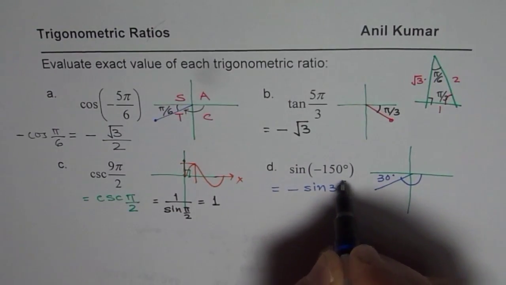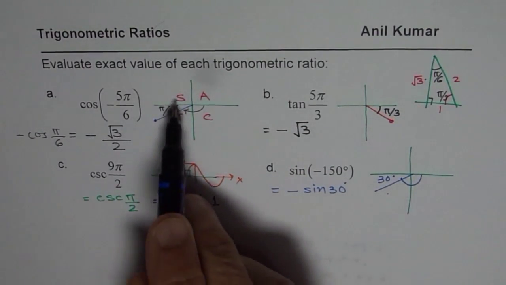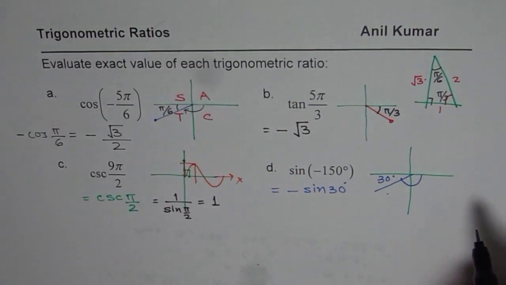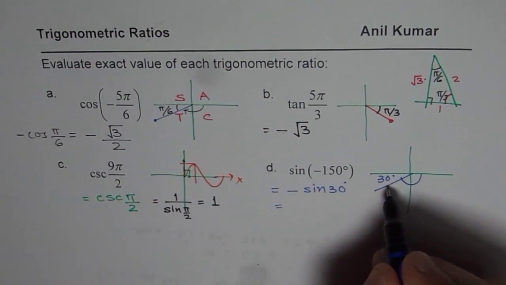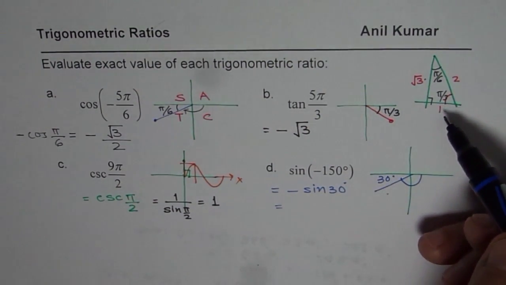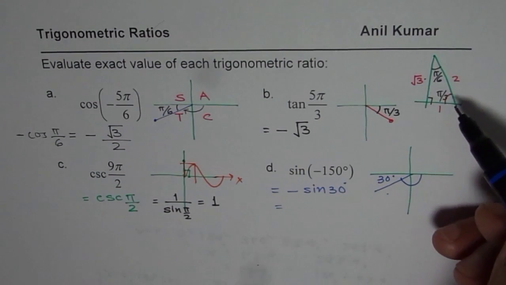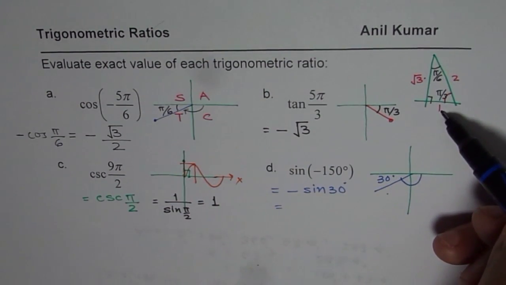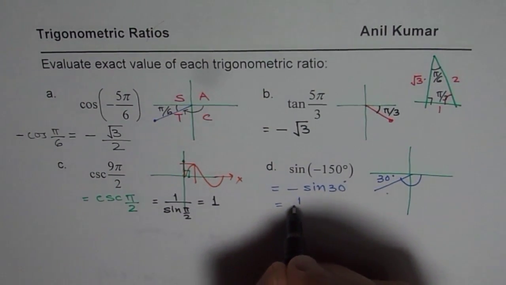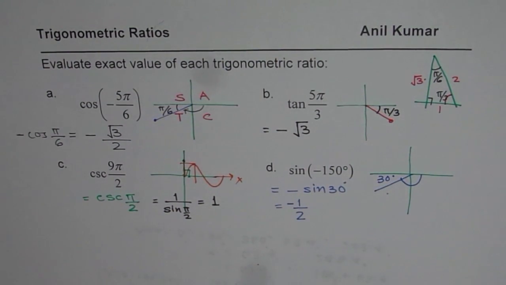Why minus? Because you are in quadrant 3. Sine is positive only in quadrant 1 and 2. So we are expecting a negative value. For 30 degrees, that is the side. Opposite is 1, hypotenuse is 2, so the answer is half with a negative sign. So minus half is your answer for this trigonometric ratio.